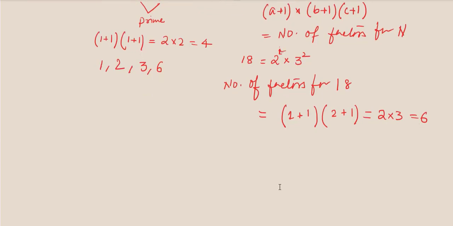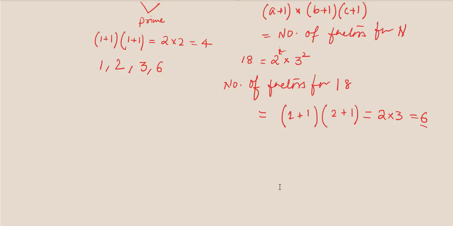Okay. But if I want to know what are those numbers that are actually the factors of 18. Now we only know how many factors of 18 are available, that is 6. But what are those numbers? If I want to know that, then what I need to do?